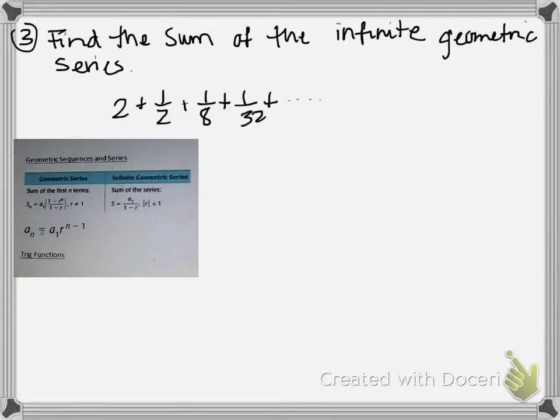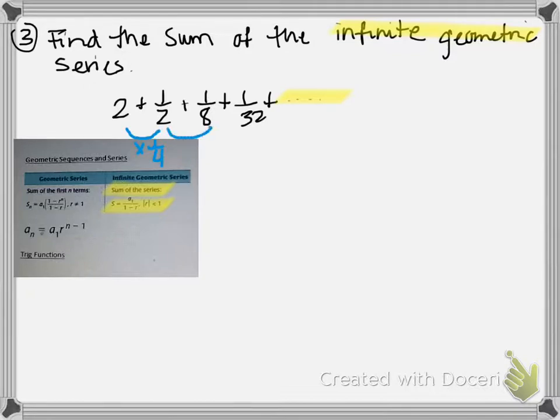Alright, next up. Find the sum of the infinite geometric series. This time I have an infinite geometric series, and I know that because of the dot dot dot, it goes on forever. I have this formula I'm going to use, and I can only use this formula if the absolute value of r is less than 1. So let's just double check this right here. To get from 2 to 1/2, I would multiply by 1/4.